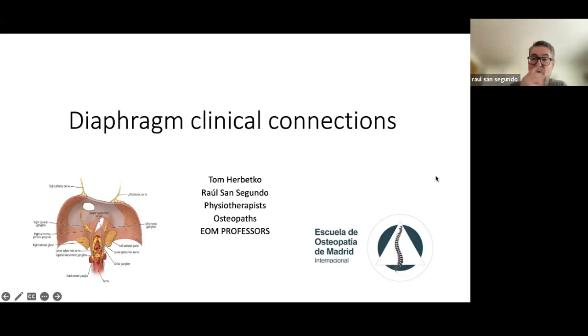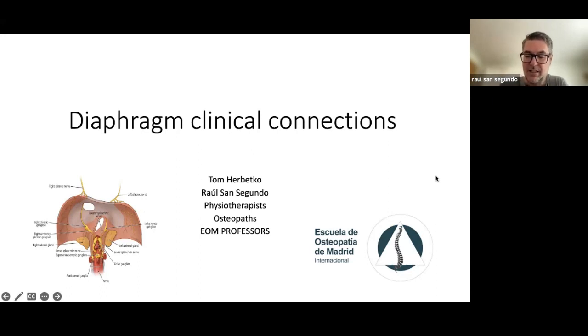Okay, so we're going to start talking about what we think is so important for the students, for our colleagues, for the physiotherapists: trying to match the anatomy with the clinical aspects of the diaphragm, and something very important for us, the phrenic nerve.